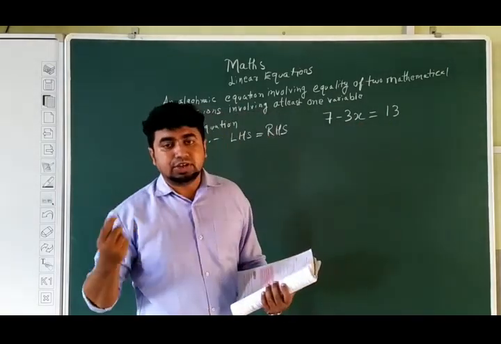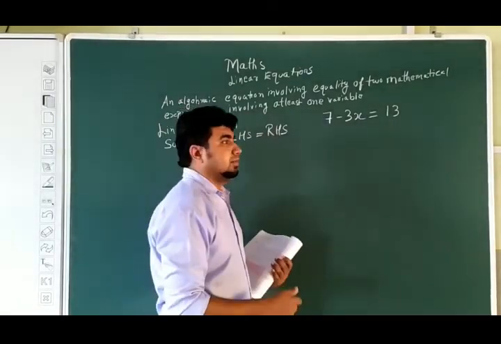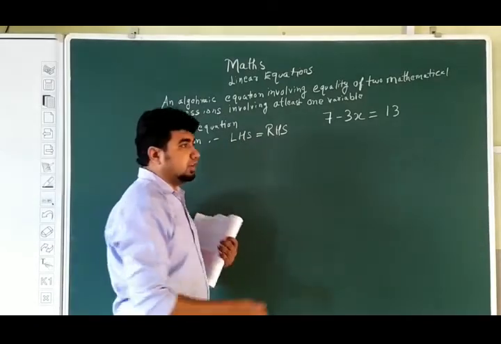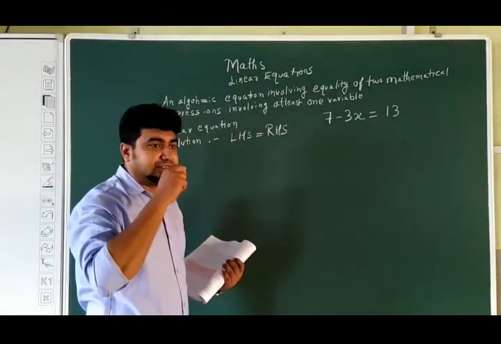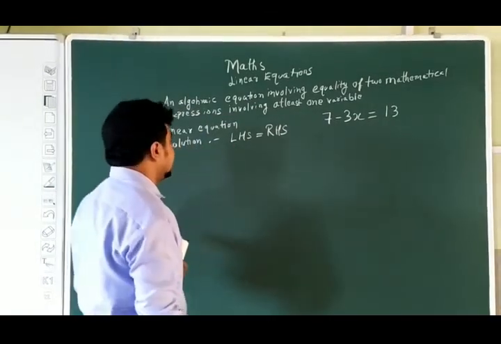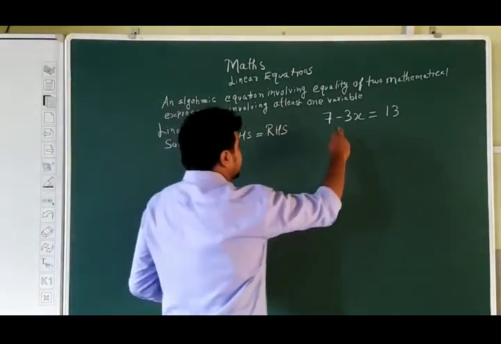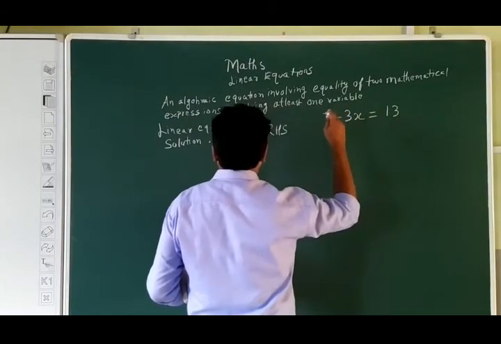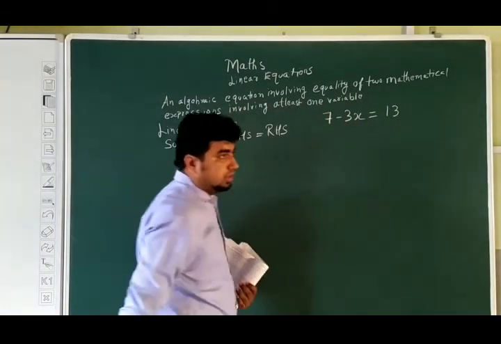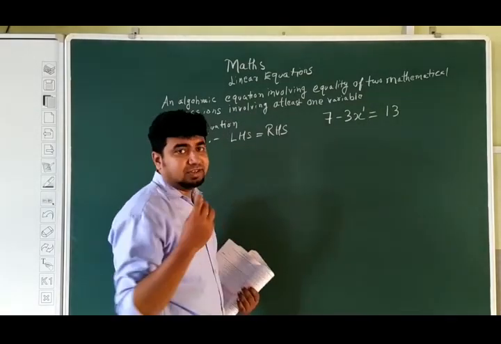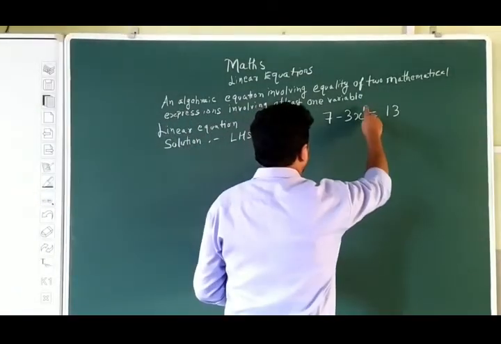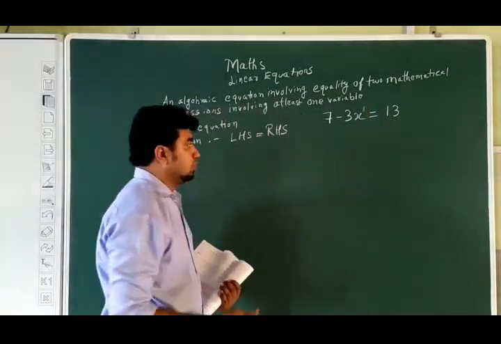We can substitute any value of x, but we have to keep in mind that for one value of x, the left side will be equal to the right side, LHS equal to RHS. So this is basically an algebraic or a linear equation. Linear equation means here the power of x is 1, x to the power 1, that's why I am writing it as x only. I am not writing x to the power 2.